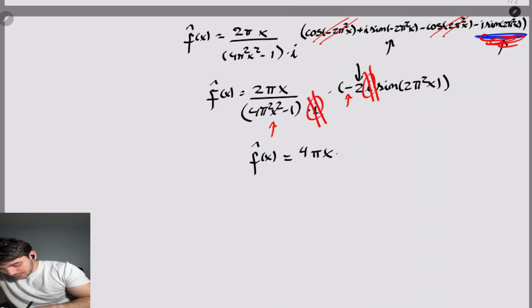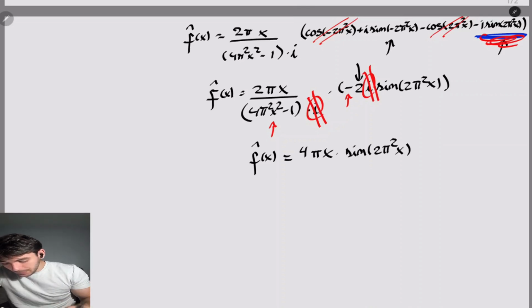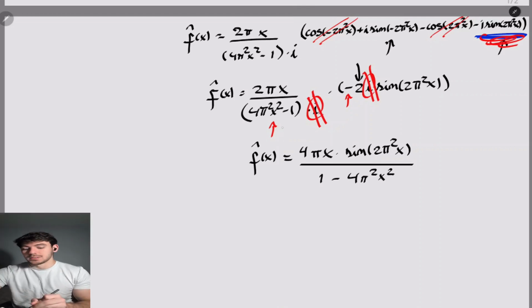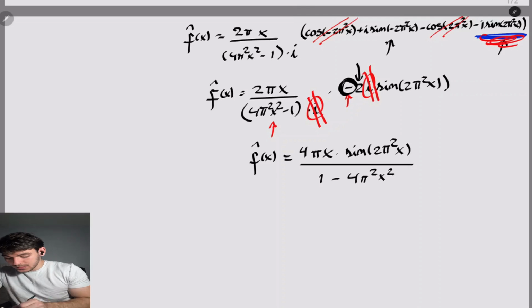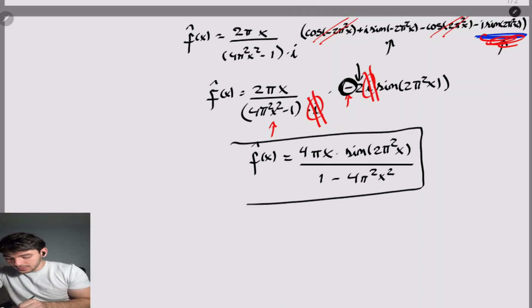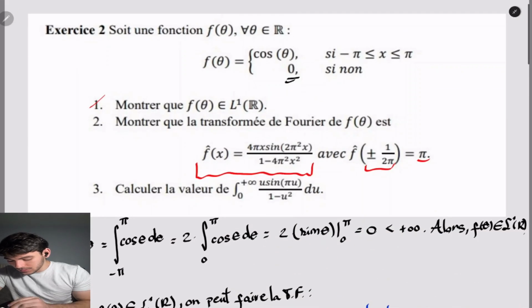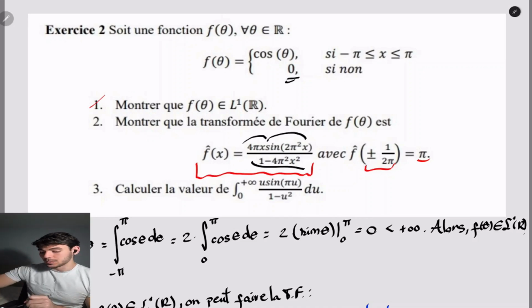Here we have sine of 2 pi squared x, and we're going to divide it by 1 minus 4 pi squared x squared, since we've inverted the sign with this minus here. Okay, so that's our final answer. We can see that it is equal to what the question told us. So 4 pi x, the sine of 2 pi squared x, and here we have 1 minus 4 pi squared x squared.